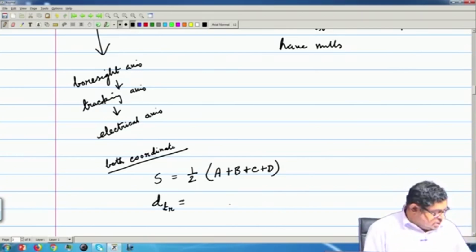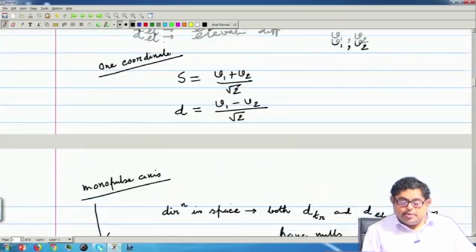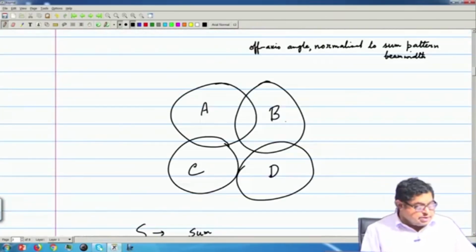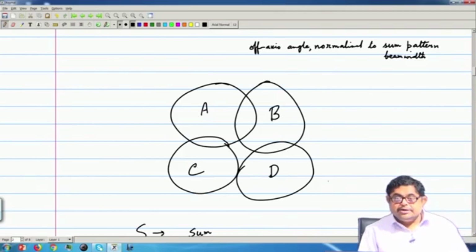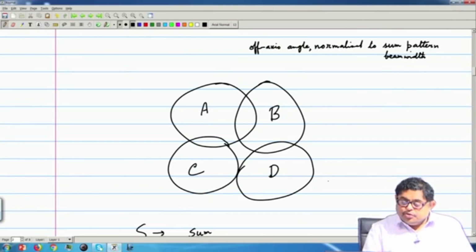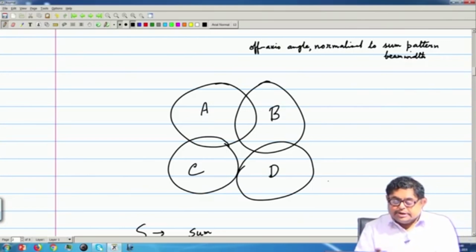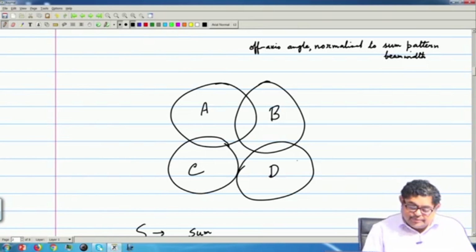And what will be DTR? In this case, you can again look at this point, that traverse difference. You see, these are our beams. So, traverse means we need to have this side and this side, that means the AC side and the BD side, their difference.